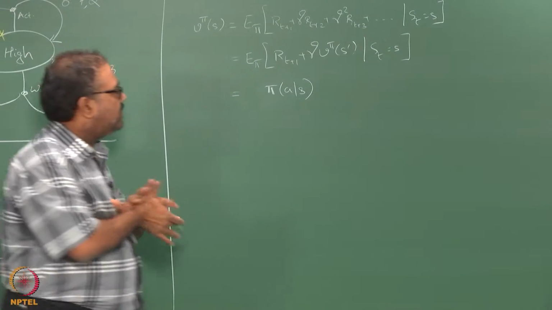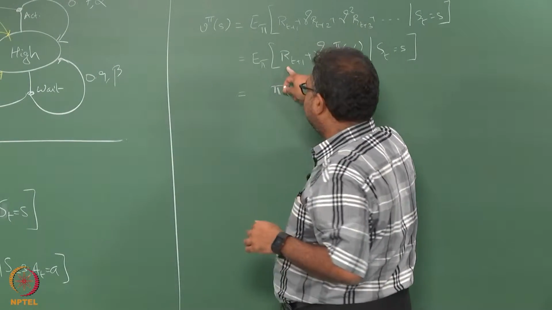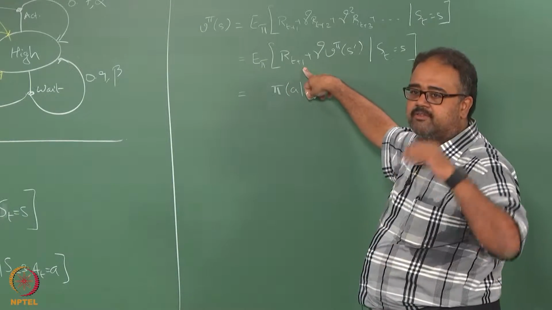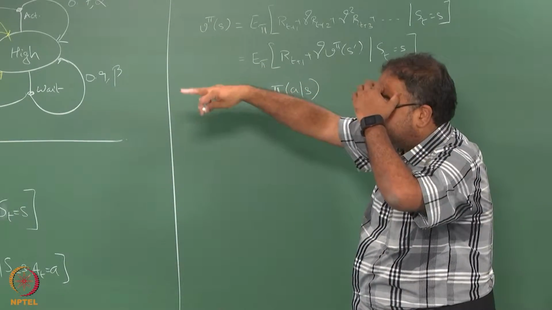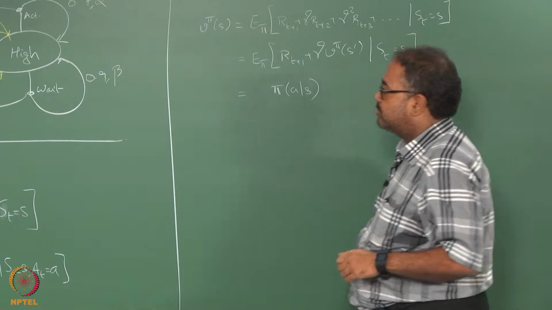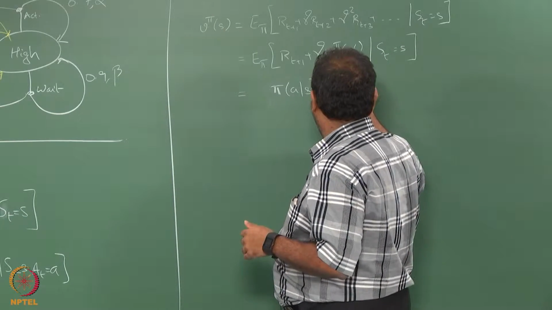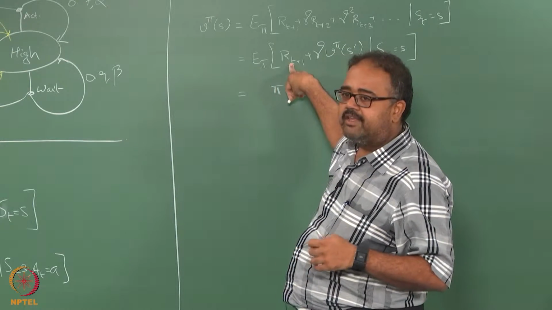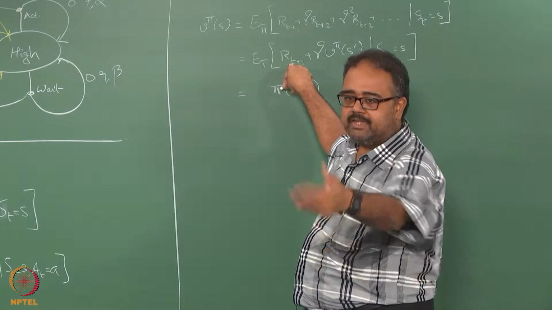So let us say I pick some action A. Now I am going to get some reward corresponding to that, R T plus 1, which will be something that corresponds to that reward. But before I can find out what R T plus 1 is, I need to specify what the next state is going to be.